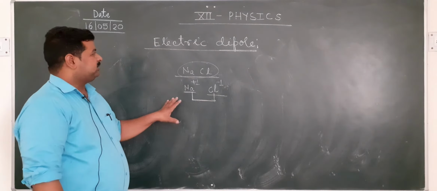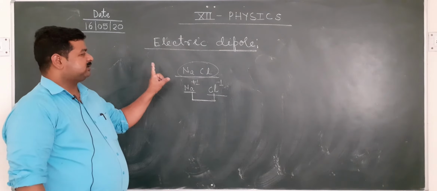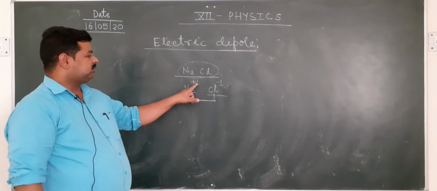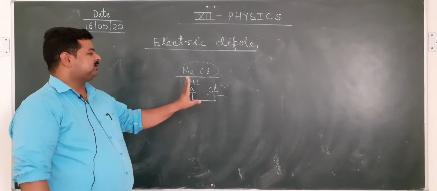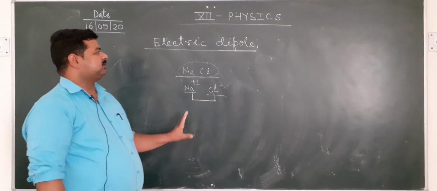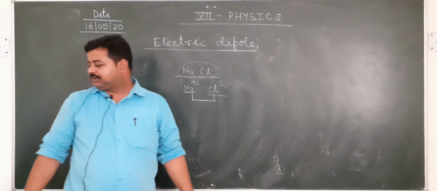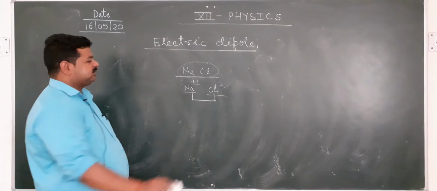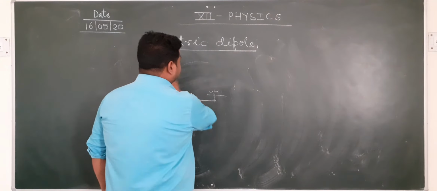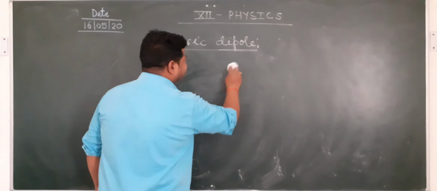So we define the electric dipole: the system in which two equal and opposite charges separated by a small distance is known as an electric dipole. What is the definition of electric dipole?